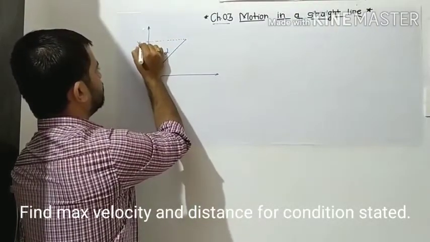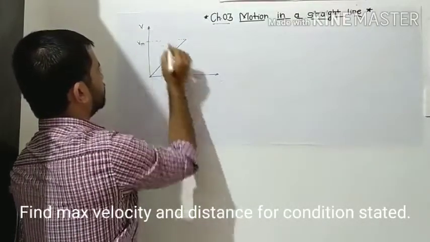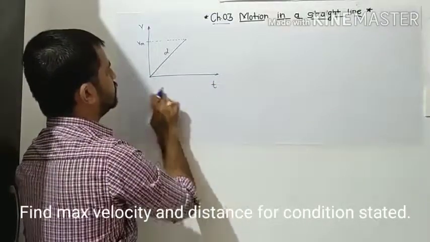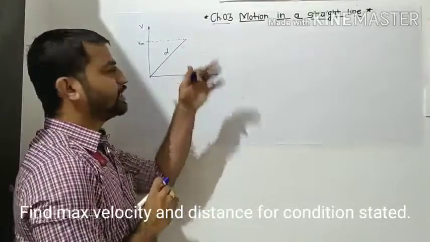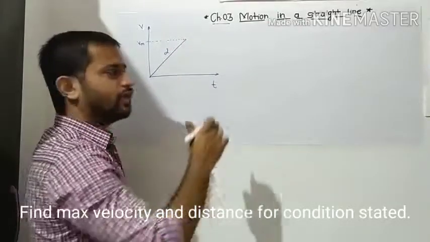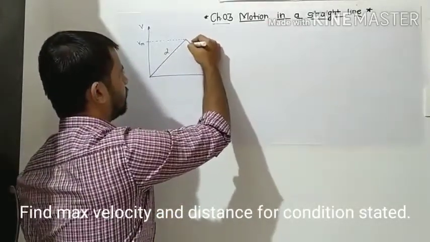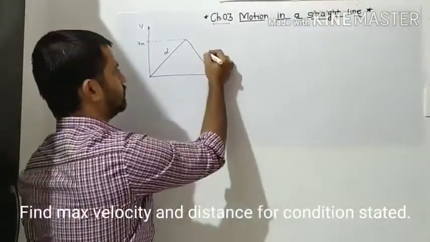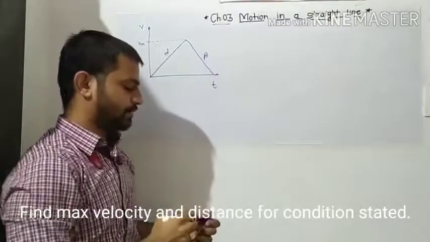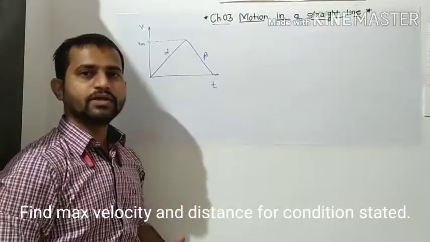This is the maximum velocity, this is the velocity, and this is the time. Then from this position it will start its retardation with the rate beta. So this will be beta.